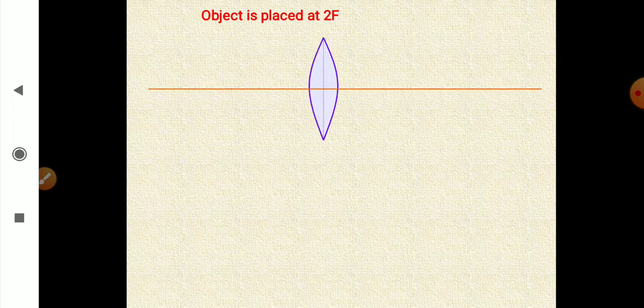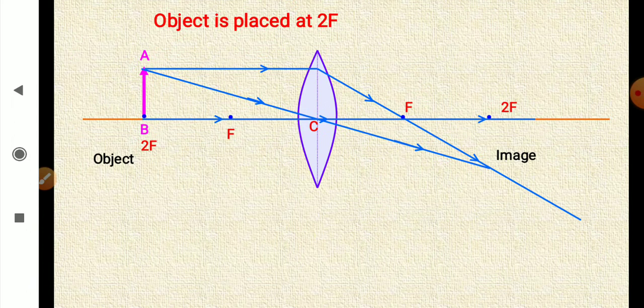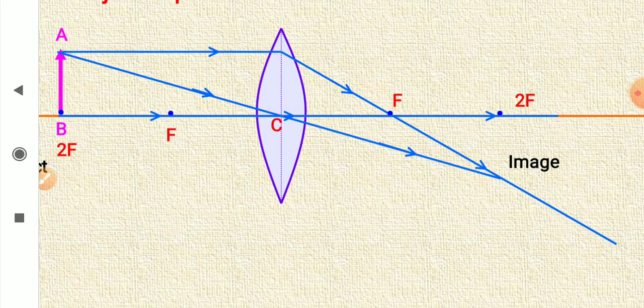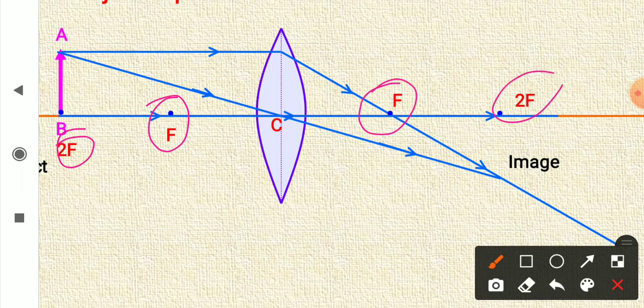Now the next situation, when the object is placed at 2f. Look at it now. The object is placed at 2f. We have f and 2f on this side, f and 2f on this side. So take one ray parallel to the principal axis, and after refraction, it has to pass through the focus.